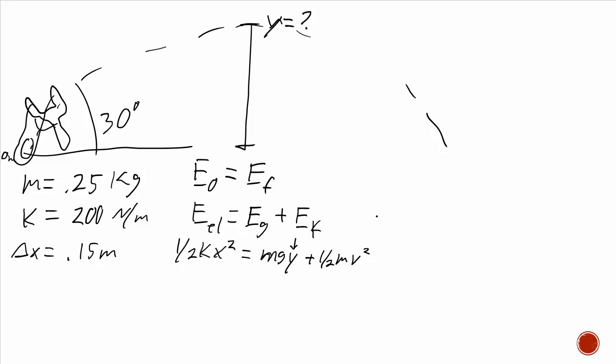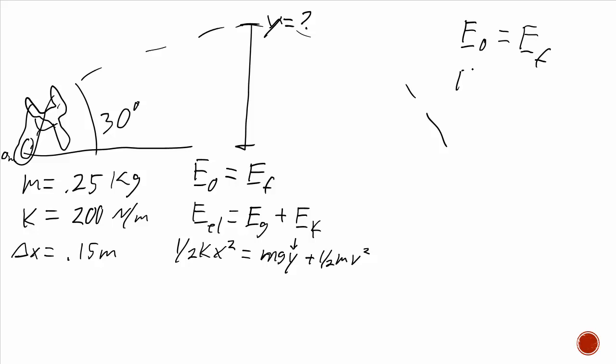But we can use some of our knowledge of kinematics and projectile motion to figure out the velocity at that height. And what we want to do is we can actually use conservation of energy again to figure out the velocity when this thing just left the slingshot. So I'm going to jump up over here and I'm going to say the initial energy equals the final energy, but now I'm just saying from the time I pulled it back to the time that it just left the slingshot.